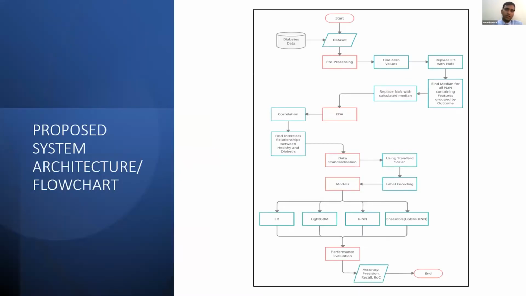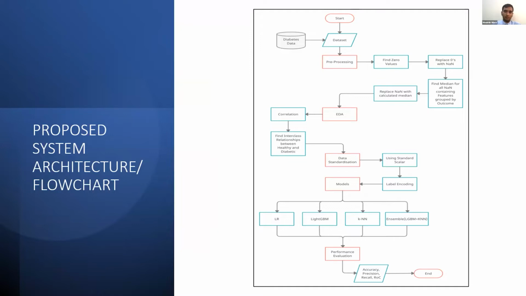So here we can see the proposed system flowchart and architecture for our proposed models. We first start with importing our data, then a pre-processing stage, which is our custom median imputation to handle the imbalanced dataset and the outliers. We've conducted extensive visualizations for all the data pre and post the pre-processing stages.